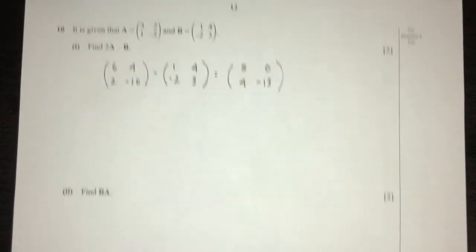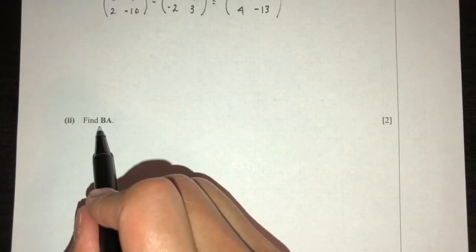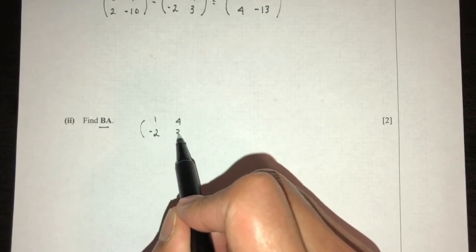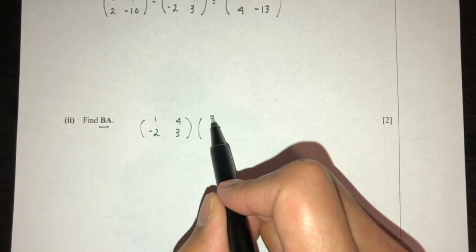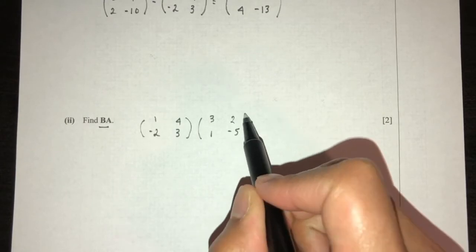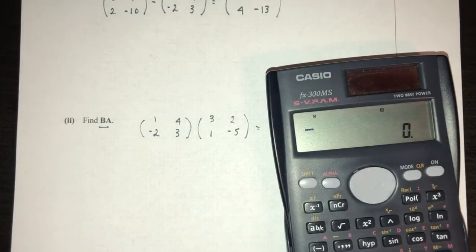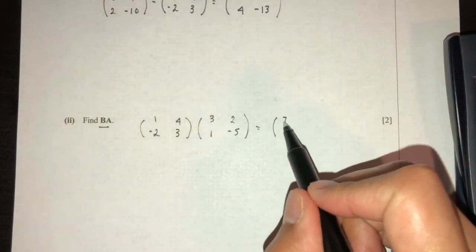That is part 1. Now for part 2, if I had to find BA, B will be 1, minus 2, 4, 3, times A will be 3, 1, 2, minus 5. Of course, rows by column. So 1 times 3 plus 4 times 1, that will be 7.